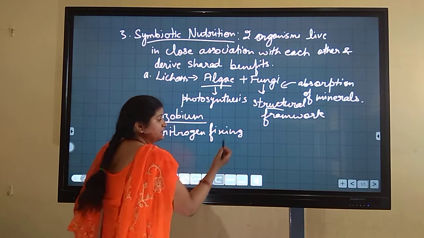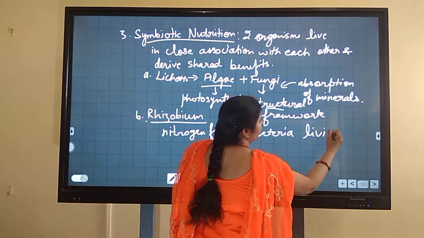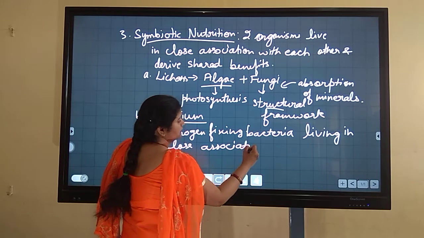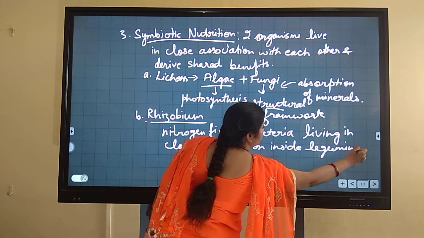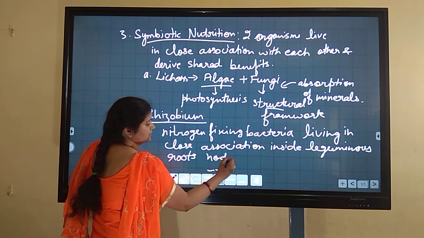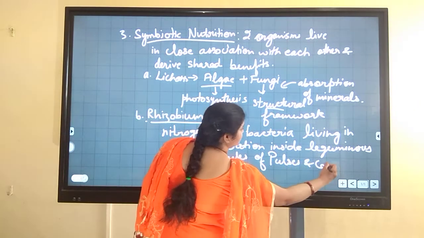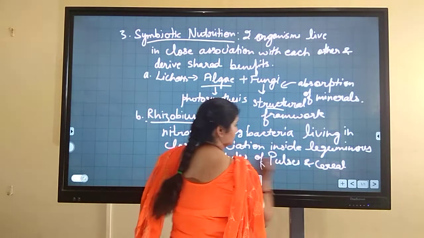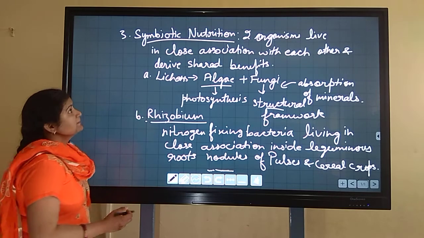It lives in close association inside leguminous roots, nodules of pulses and cereal crop plants. So this is the symbiotic nutrition.